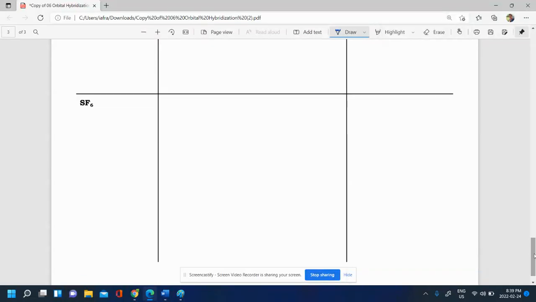Let's do that. And we're going to predict the hybridization of SF6 right away, essentially, just using the shorthand technique we learned earlier. So here's SF6. It's going to be one of those expanded octets.